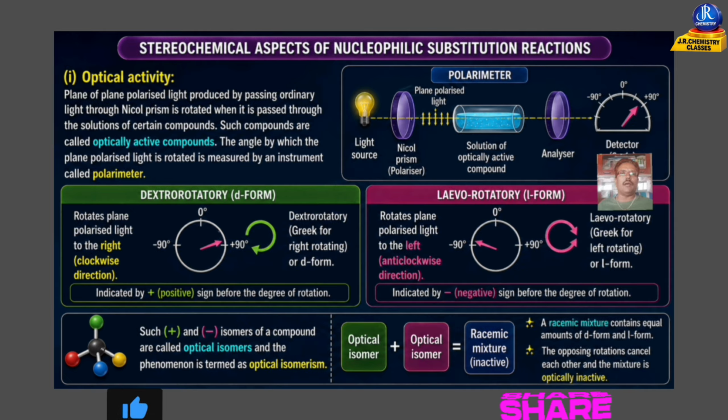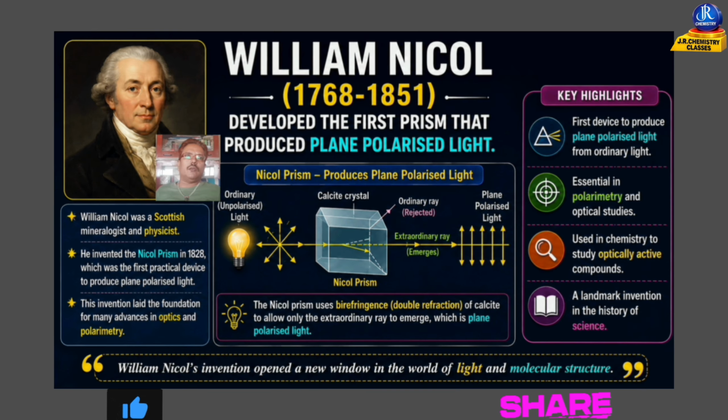Such plus and minus isomers of a compound are called optical isomers, and the phenomenon is termed optical isomerism. William Nicol, 1768 to 1851, developed the first prism that produced plane polarized light.